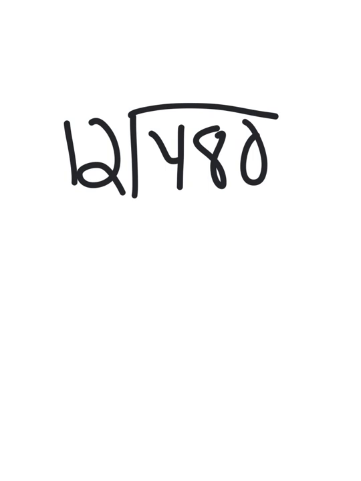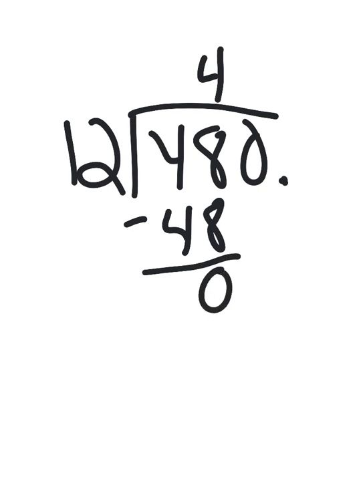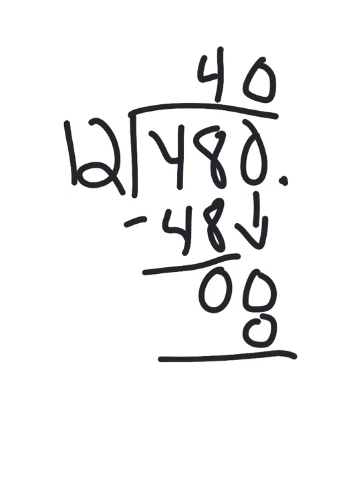All right, and now we just solve it like a regular long division problem. Start off, 12 goes into 48 4 times. 4 times 12 is 48. We subtract, get 0. Then we bring down the 0. 12 goes into 0 zero times. 0 times 12 is 0.